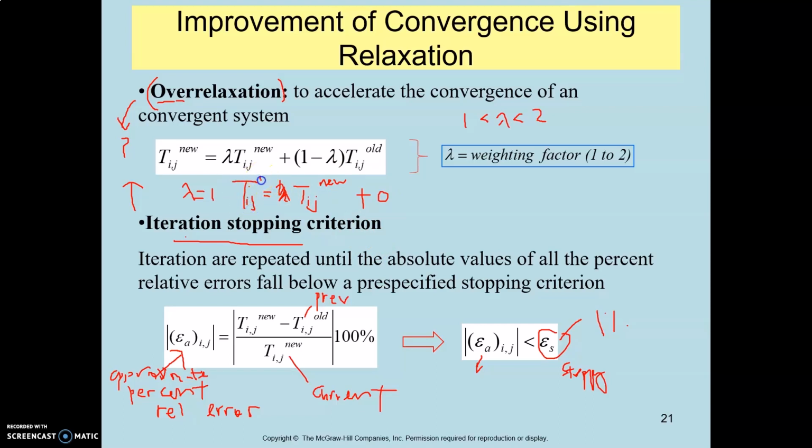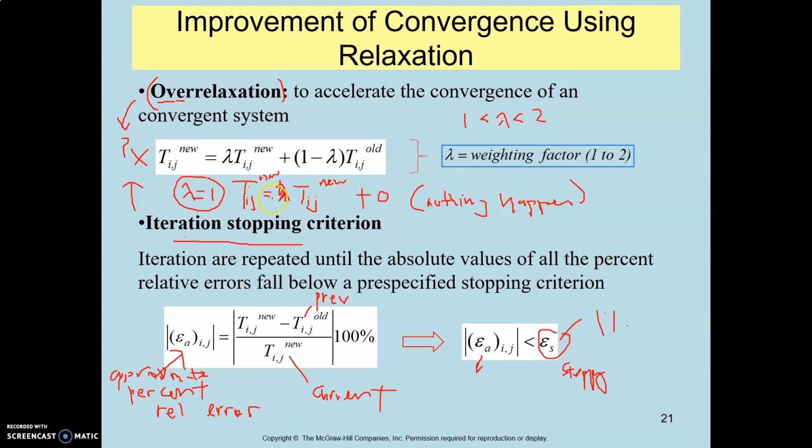So Tij new equals Tij new. It means that when you choose lambda equal to 1, nothing happens. It's the same effect as not using this equation.